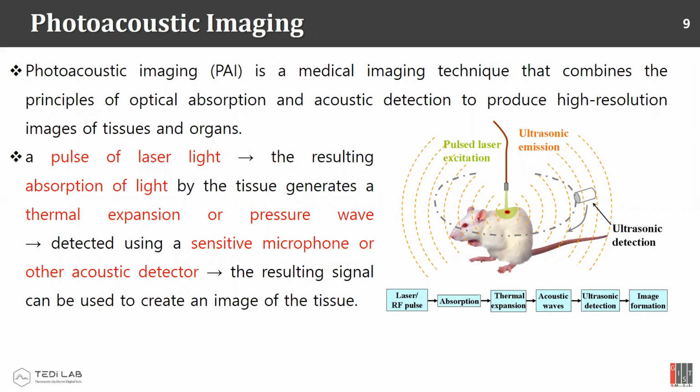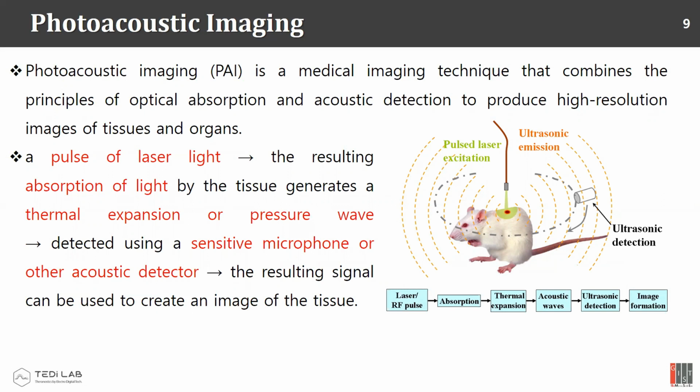Thank you, Minh. My name is Phuong, and let me continue our presentation. First, I want to tell you what photoacoustic imaging is. It is a medical imaging technique that combines the principles of optical absorption and acoustic detection to produce high-resolution images of tissues and organs.